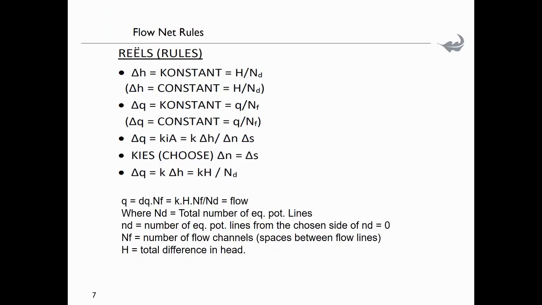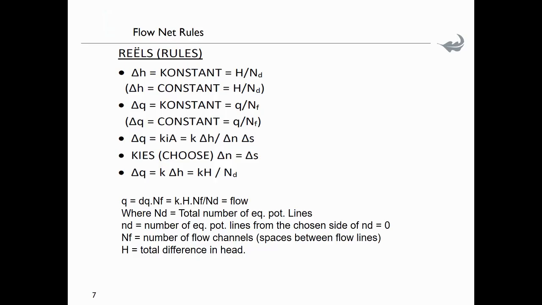Delta Q is kiA, as we've seen before, and that becomes k times delta H over delta N times delta S, where delta N is the distance between two flow lines and delta S is the distance between two equipotential lines. And we decide, almost arbitrarily, one can say, that delta N and delta S are the same. And when you see the pictures, you will understand why I say this.